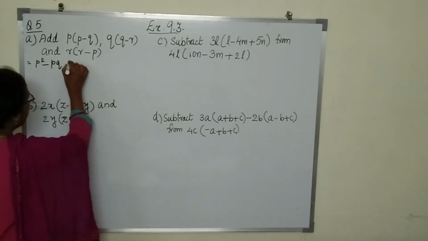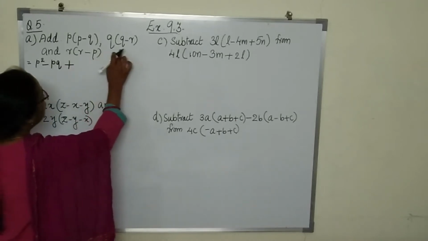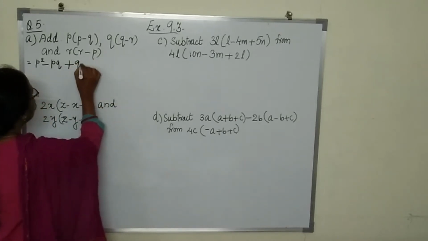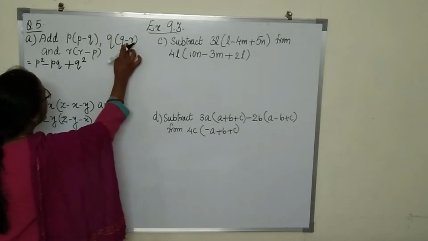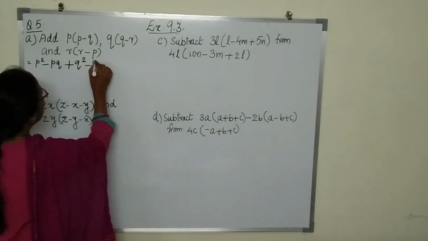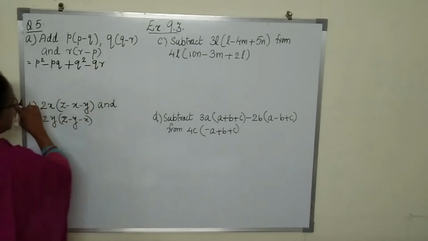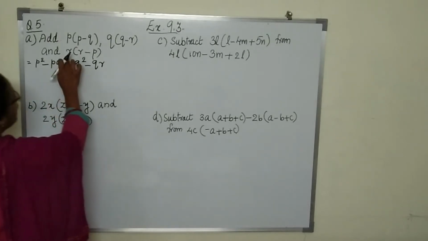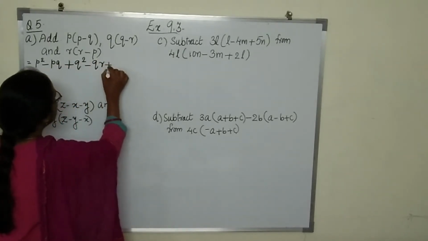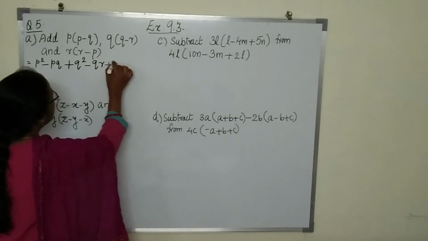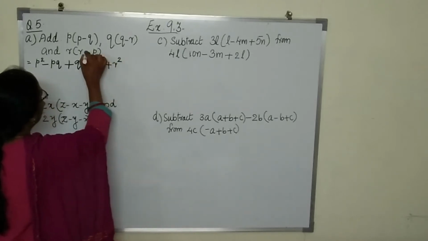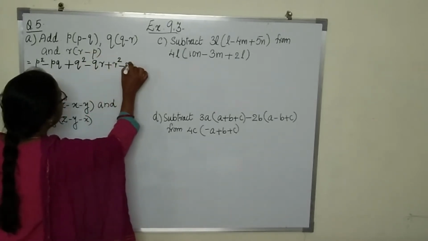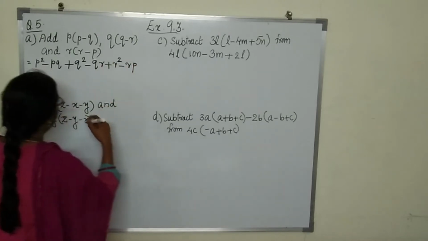Now add plus Q into Q minus R, Q square minus QR, and again add this product, so plus R into R minus P, R square minus RP.